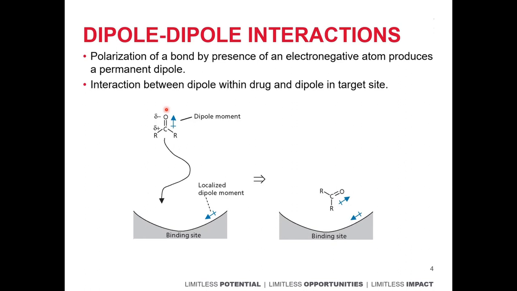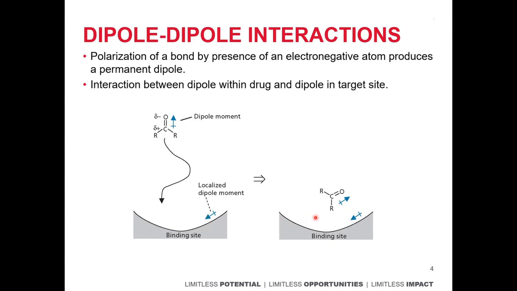So you can imagine that the positive charge in this carbon would be attracted to the slight negative charge of another carbonyl. And so if we have a dipole moment on our molecule, or on our functional group, this can line up with a dipole moment in the binding site.